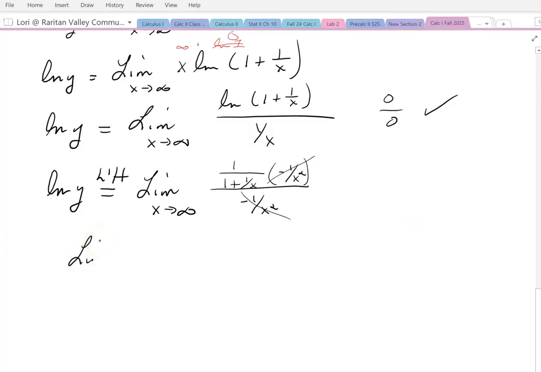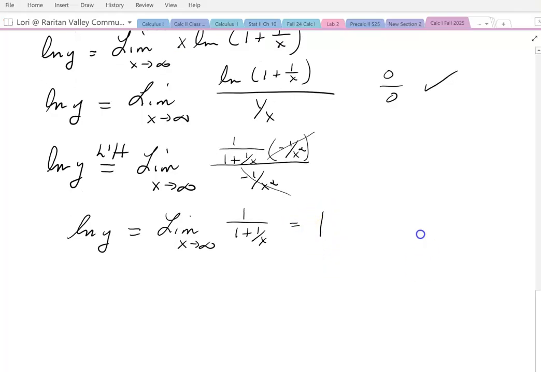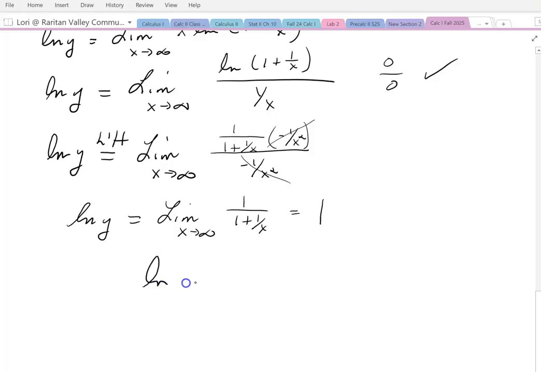Oops, I didn't mean to write that. Natural log of y is going to equal the limit as x goes to infinity of just 1 over 1 plus 1 over x. When you plug in x going to infinity, the 1 over x piece is going to go to 0. So that whole thing is just going to equal 1. So the natural log of y equals 1. This time I'll just use the rule for natural log.